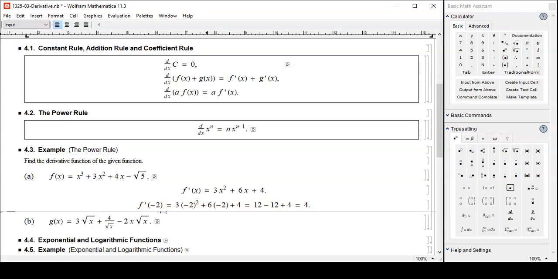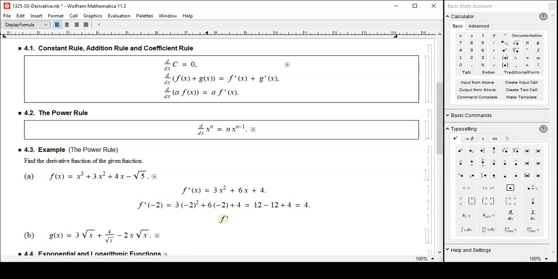And then, of course, I could have found out any other derivative value as well. Just plug in x equals to 1 and do your simplification. Plug in x equals to -1/2 and do your simplification. You can do all kind of things once you have the derivative function.